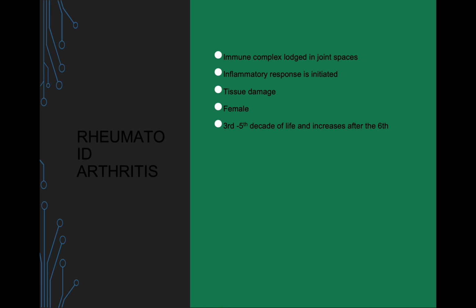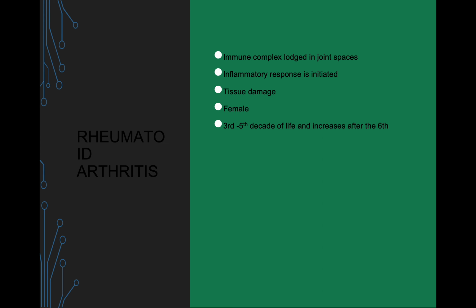So a little bit about rheumatoid arthritis. This kind of goes back to our hypersensitivity concept that we talked about with the immune system. And with many of our autoimmune disorders, there is this component of a malfunction, basically, of our immune system.